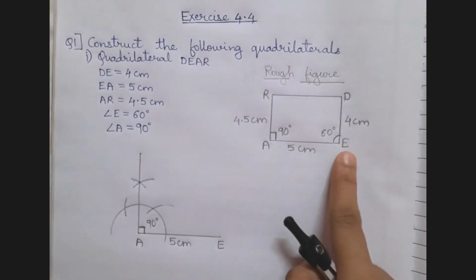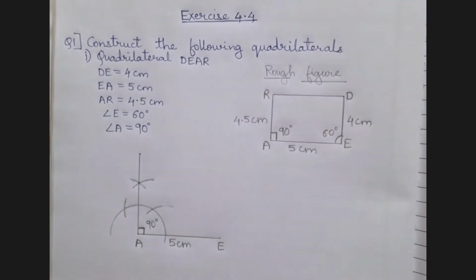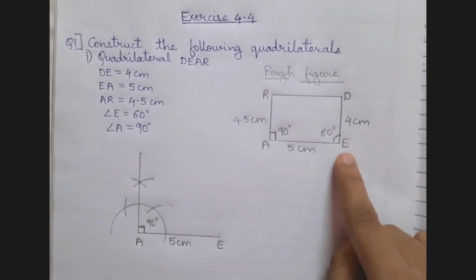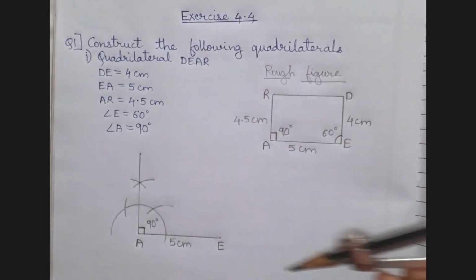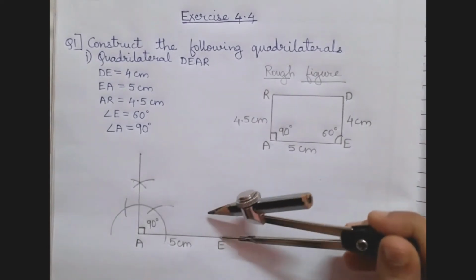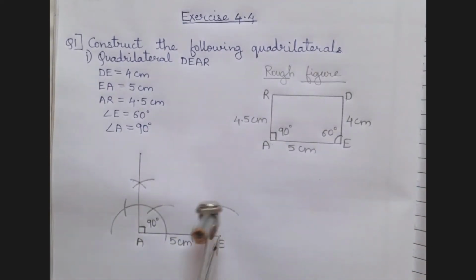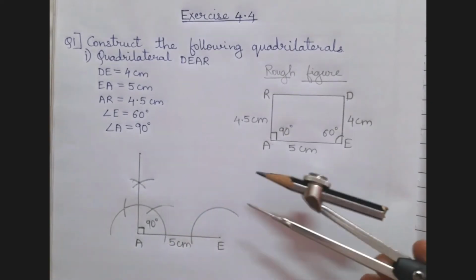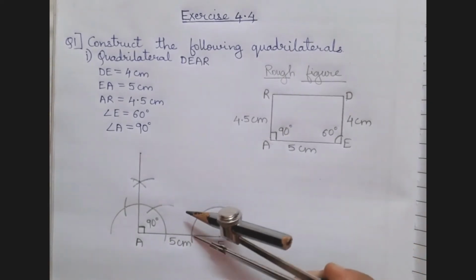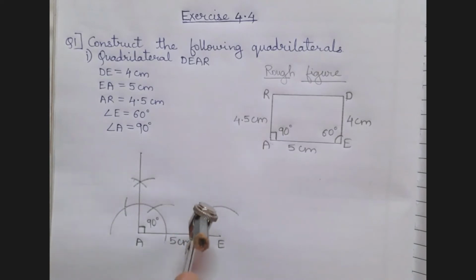Now we will construct angle E. So angle E is of the measurement 60 degree. Again we will use the same procedure. Keeping the compass pointer on point E, draw an arc. Now we will keep the compass pointer here and draw another arc.